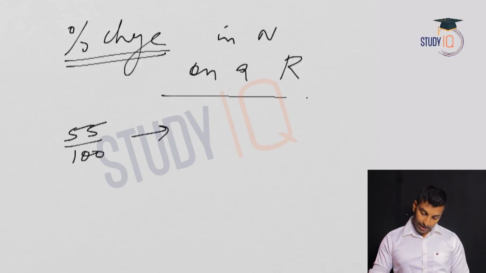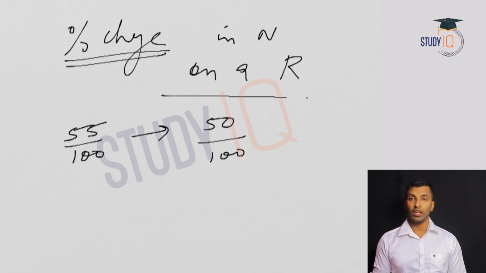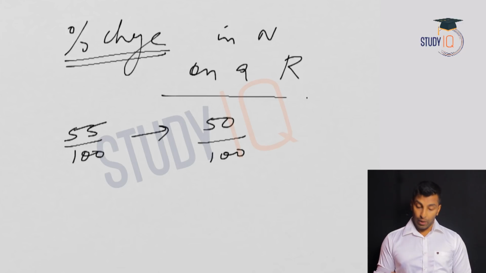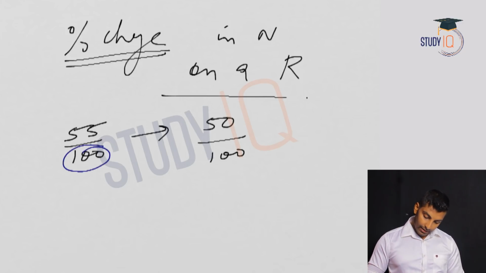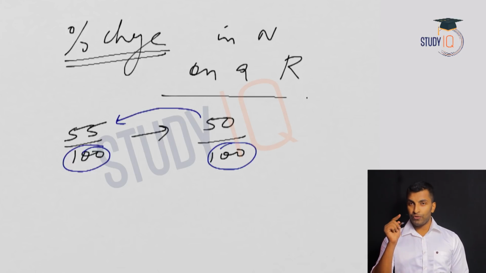Now let me take this one also, 50 by 100. Now see, since the denominator is the same, if you see what is the increase in the numerator, 50 and 55, what is the change? The change is actually 5.